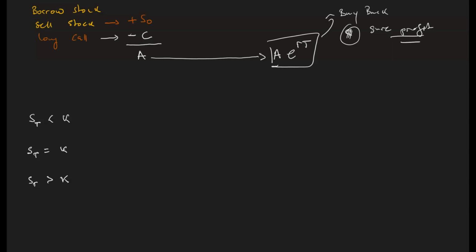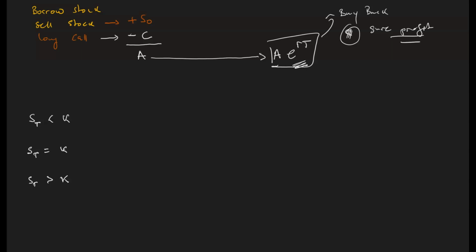Now, at the same time, we might say, well, if we have this much money in our account at time T, how does that money compare to the strike price? Let's say we were to exercise the option, would we have enough to actually buy the underlying?